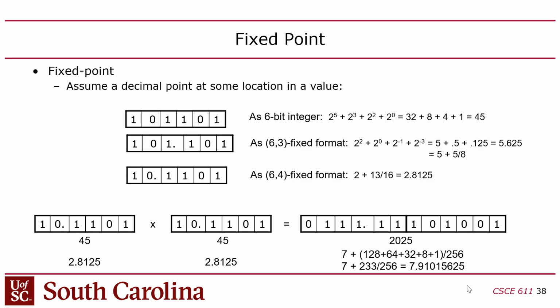So let me talk about that a little bit more. Fixed point is where you have integers, but you just pretend like there's a decimal point, or more accurately, a radix point, because these are binary numbers. I still call it a decimal point, though. So there's a decimal point somewhere in here. For example, if this is a 6-bit number, I have to decide how many fractional bits I want to have in there. In this case, I'm going to say 3. That leaves 3 whole number bits.